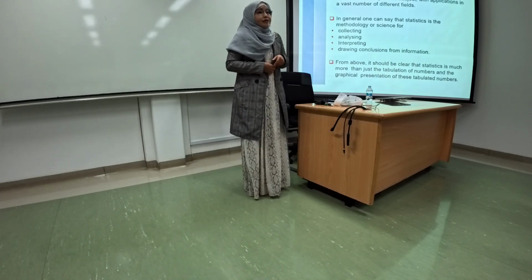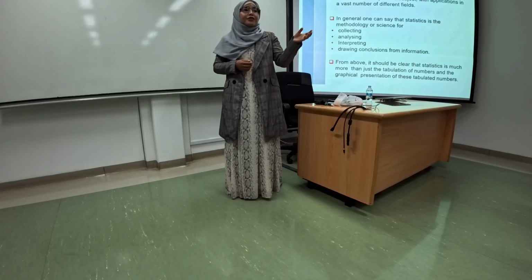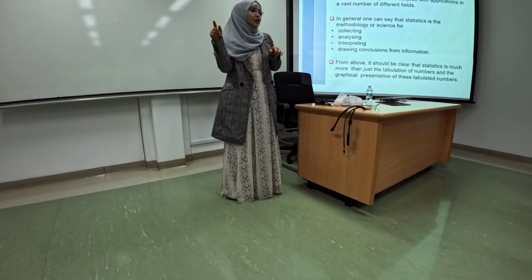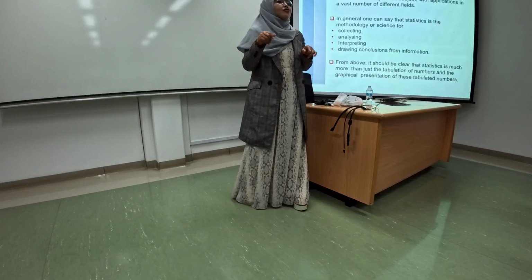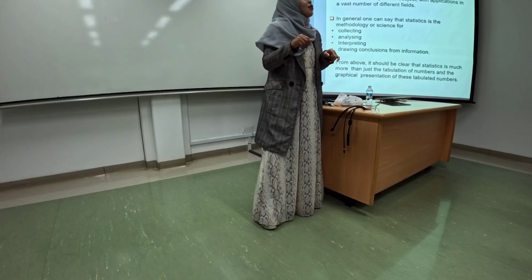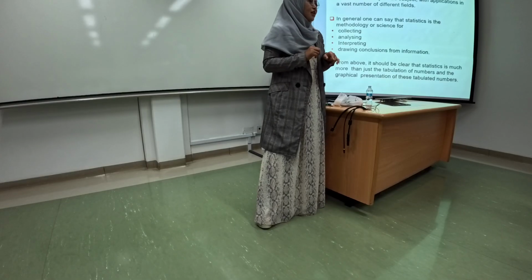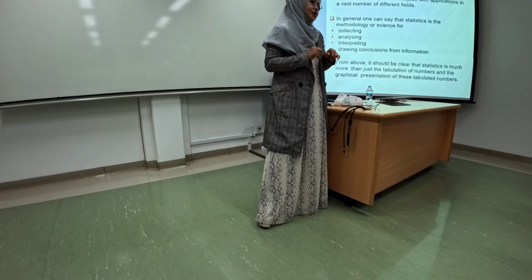Graphical representation. Some people just give a graphical representation like a pie chart, histogram, scatter plot, regressions, this kind of graph. Some of them I'm going to teach you also, not all. There are different types of graphical representation, especially nowadays.